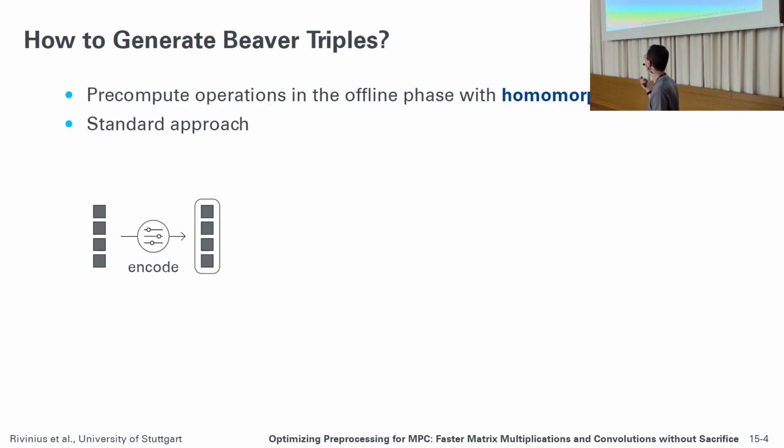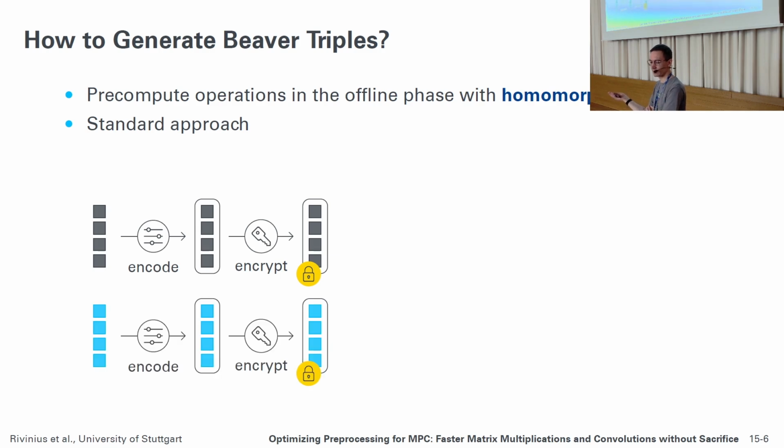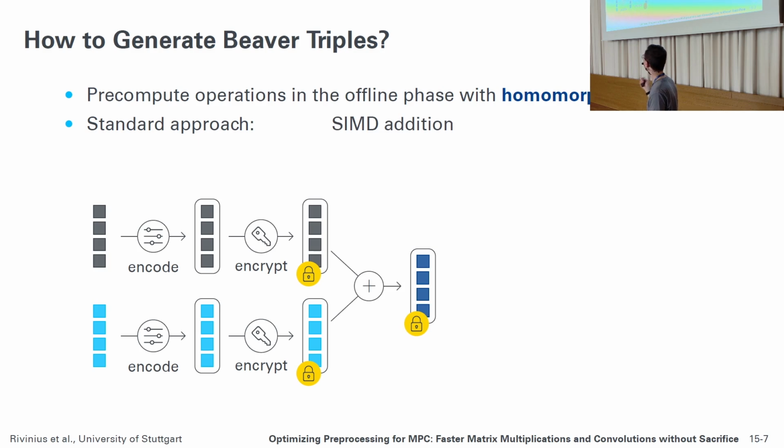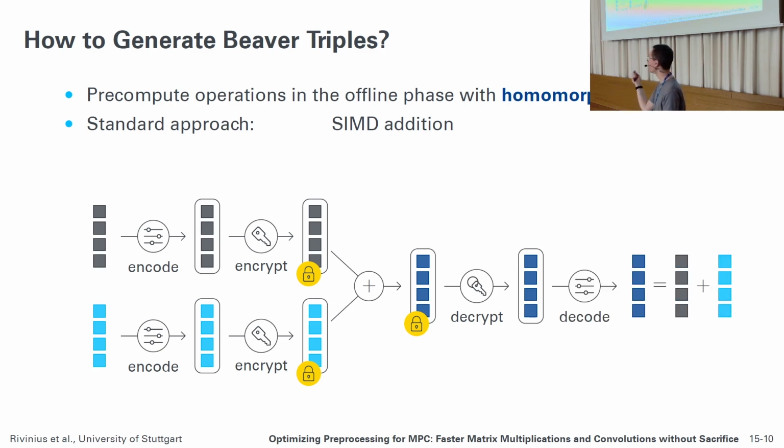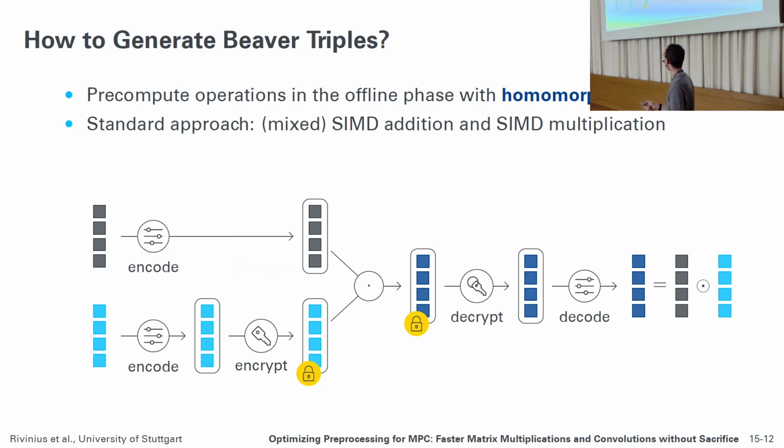So the standard approach would be: one party takes their random data and encodes it somehow to be able to encrypt it, and the other party does the same with the other input. Then they can, in a standard approach, use SIMD homomorphic encryption with BGV or something like that. Then you get, here in this example, just the sum, but you can do other things too. Then you can decrypt the result and you get the product or whatever your homomorphic encryption supports.